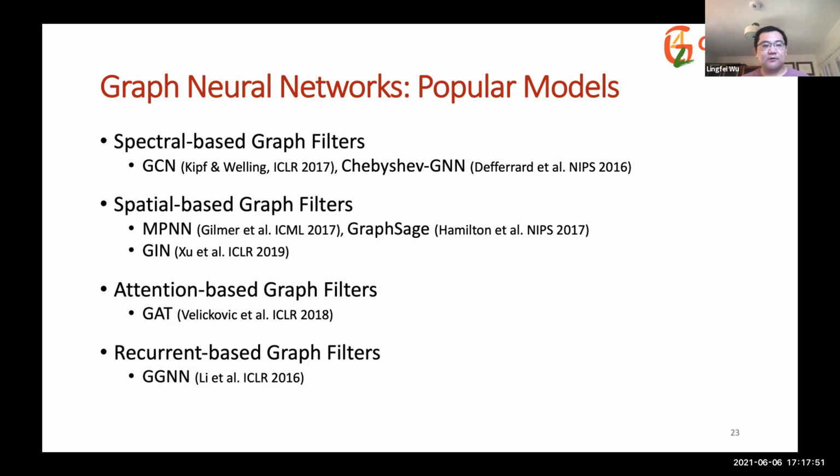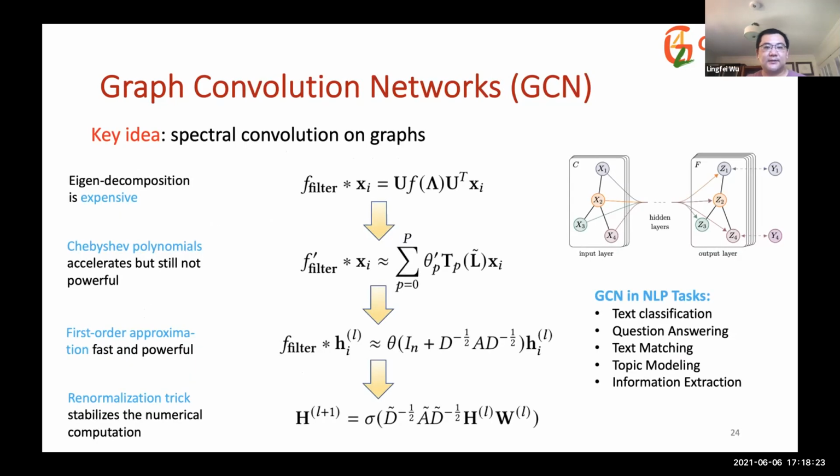The second group is the spatial-based graph filter, and the representative methods are the message passing neural network and GraphSAGE. Later, people also invented the attention-based graph filter, and the representative method here is the graph attention network. And finally, there is the recurrent-based graph filter, the gated graph neural nets. We will talk about each group in detail in the following slides.